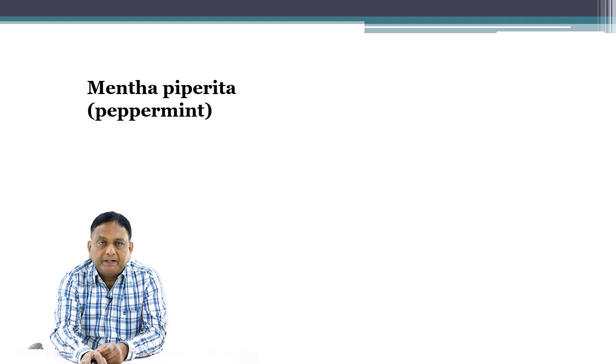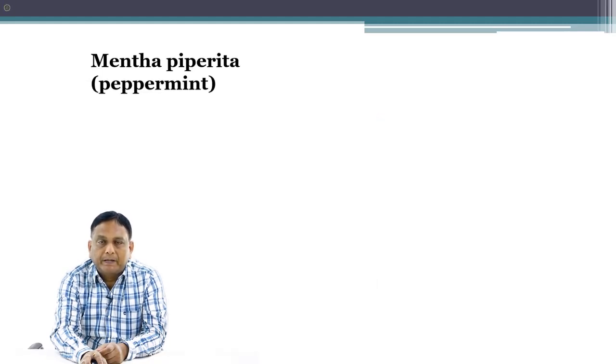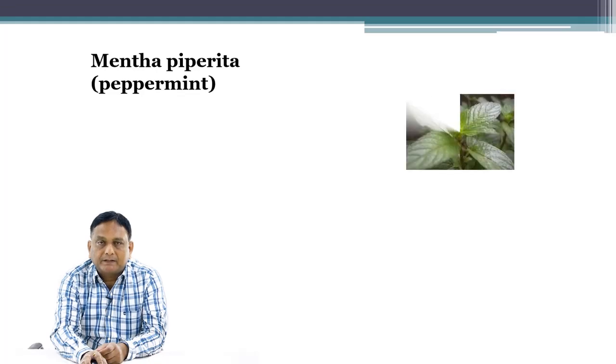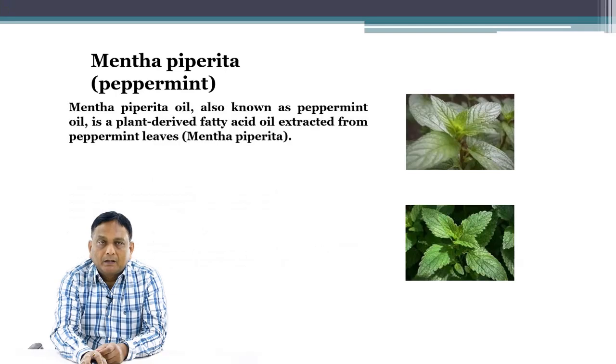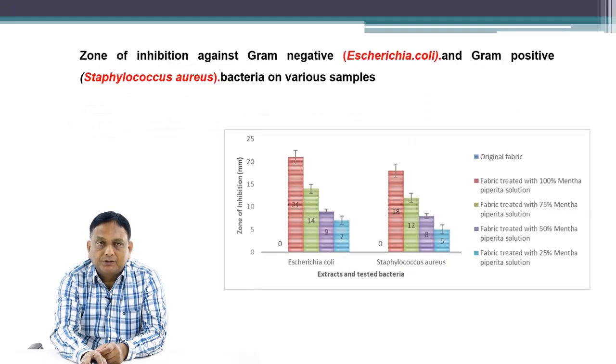Mentha piperita, that is peppermint, is also another product by which this antibacterial activity can be imparted to the textiles, and it is a very common kind of plant. Medical use of this Mentha piperita oil is done, and different other benefits like not only the antibacterial activity but also the aroma and a mosquito repellent finish can be given by this kind of agent.